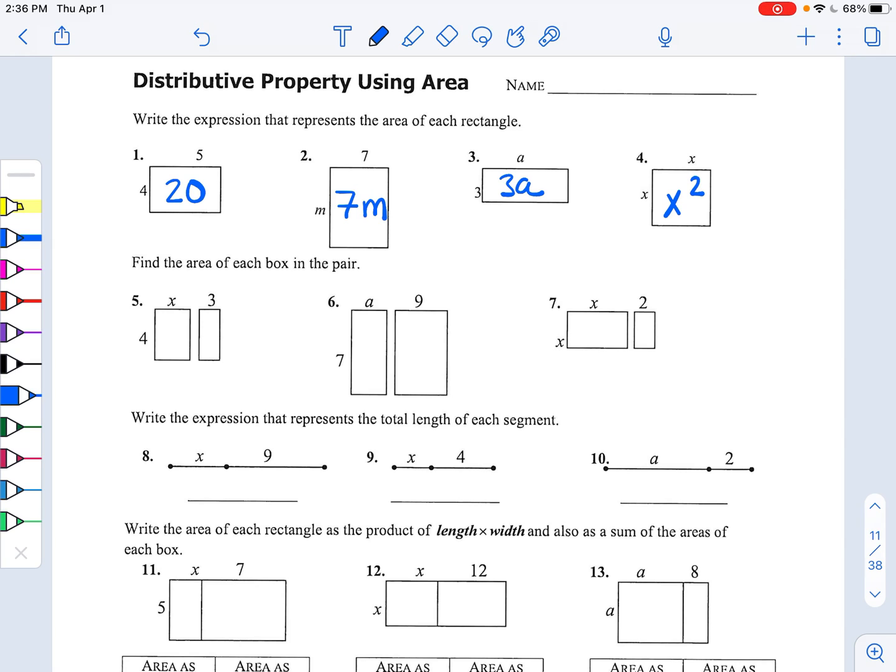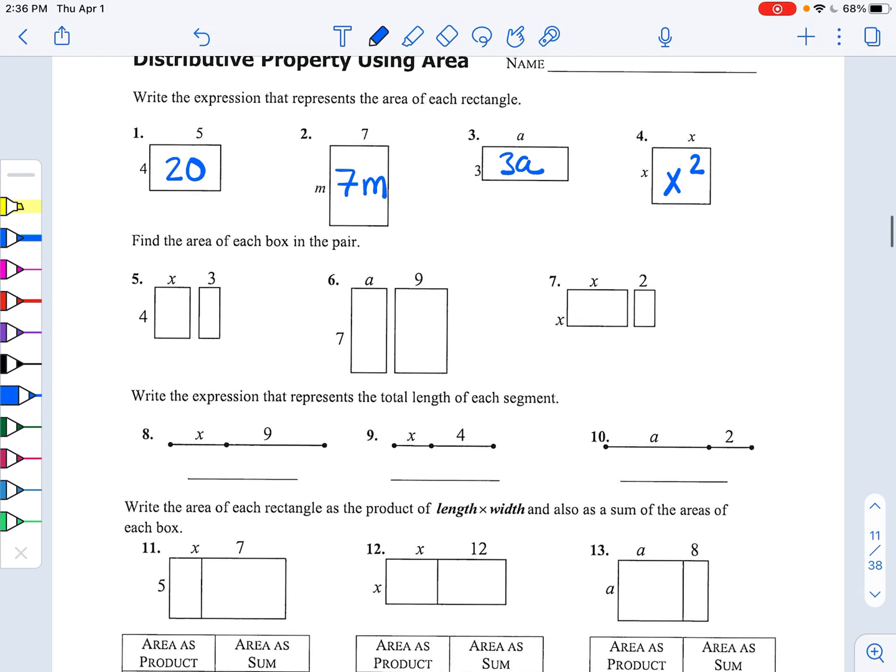Okay, I challenge you to do 5, 6, and 7 without me. So I would pause the video if I were you. All right, 4 times x would give me 4x. And 4 times 3 would give me positive 12.